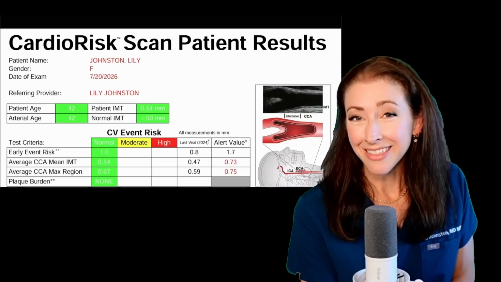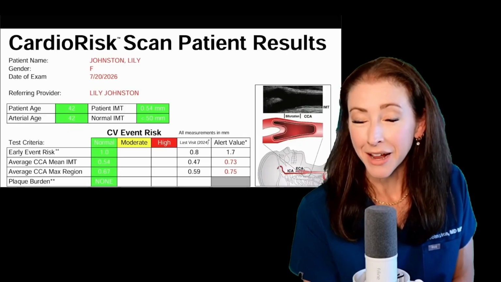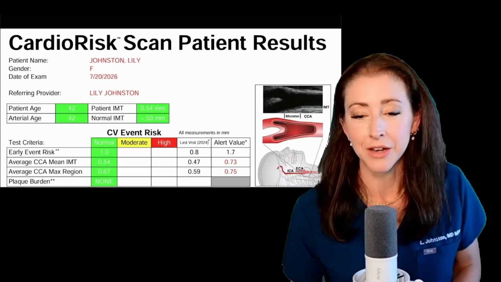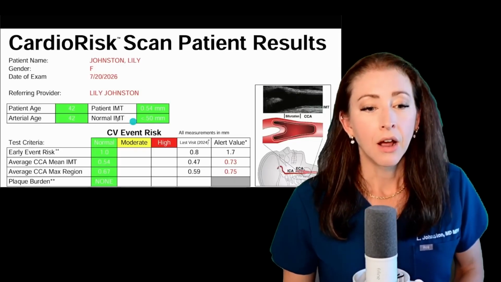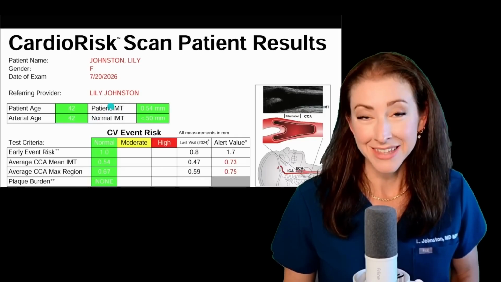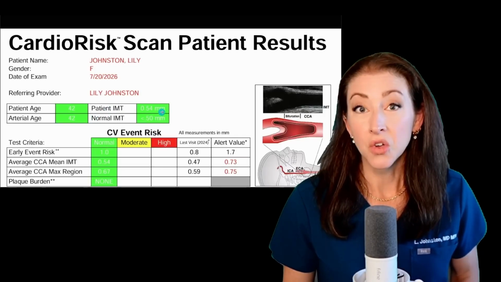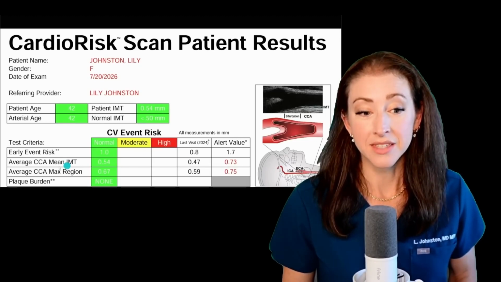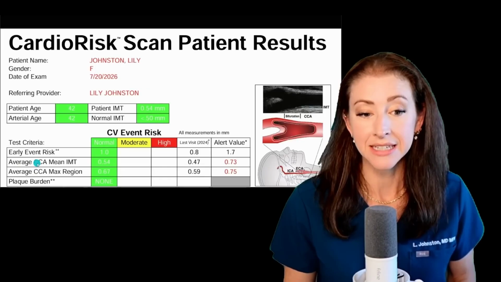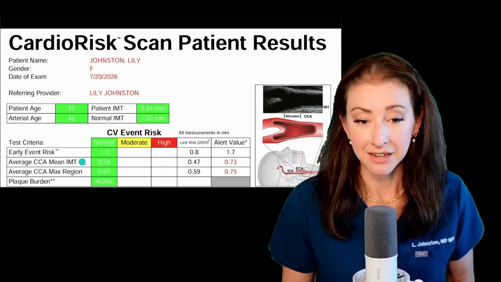Like, my health is the best it's been in 2 years, and yet I still have some progression of my IMT, more than I'm comfortable with. But let me go through those numbers and show that to you here. So arterial age is actually derived from the next number in the top right of this box that says patient IMT, 0.54 millimeters. That is also the same number from this second row down in the next table that says average CCA, common carotid artery, mean or average IMT, 0.54.